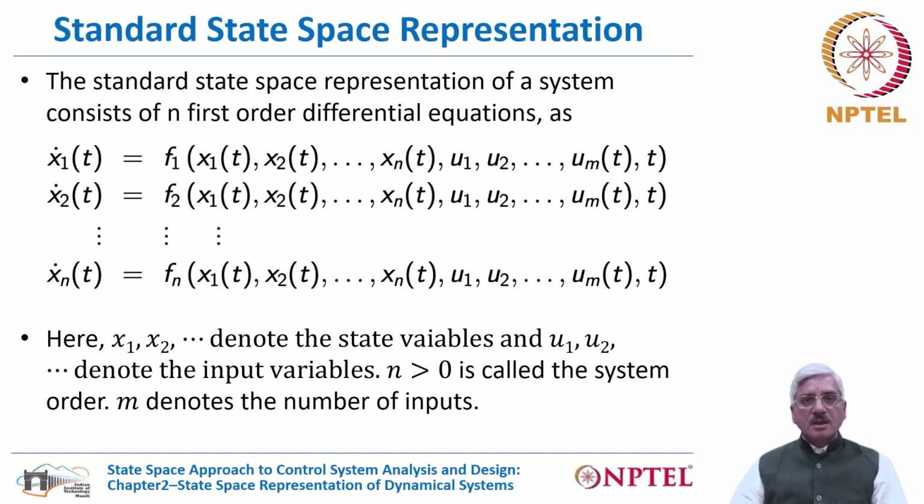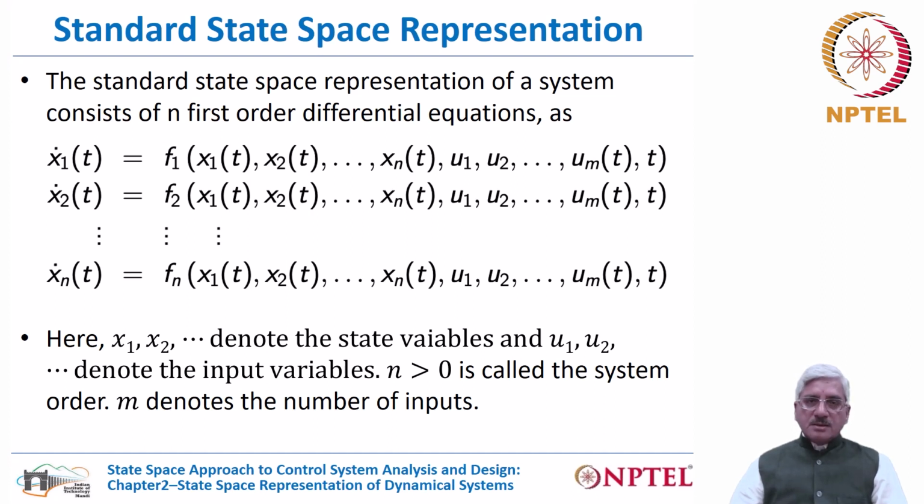And likewise the other state variable derivatives. And finally, xn dot equal to fn of x1, x2 and so on up to xn, u1, u2, u3 etc. up to um and the time t.